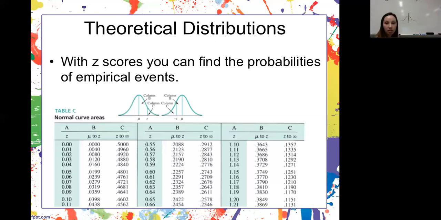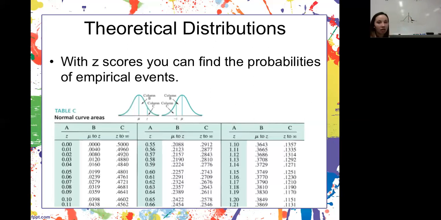So say I was interested in what proportion of the distribution is associated with a z-score of 1.1 or higher. So 1.10, this is the z-score that we're working with. Say I was interested in what proportion of the distribution is associated with this score or higher. That means that I'm interested in our tail of the distribution, the edges.